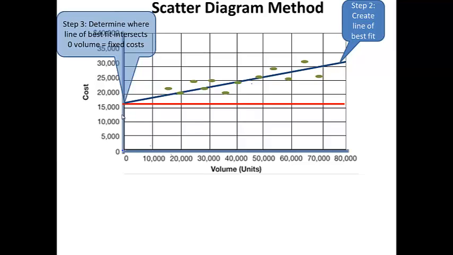Now, in order to calculate the variable cost, we take where a line intersects, where we can come up with a really solid intersection. In this case, the best fit line intersects $24,000 at a volume of 40,000. So we know that at 40,000 units, the total cost is equal to $24,000.